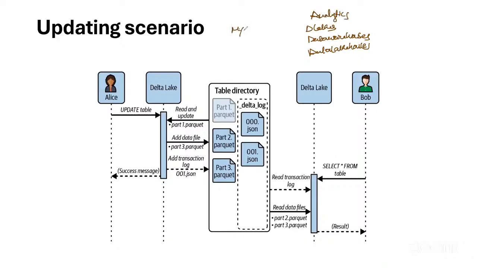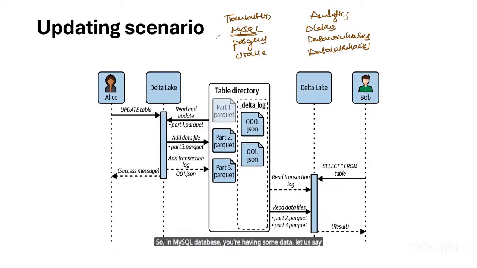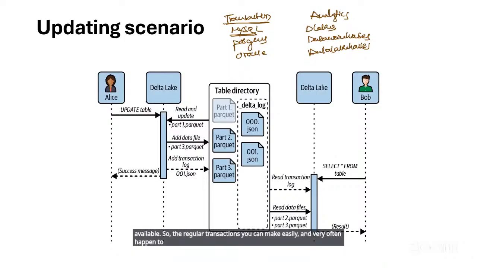Your databases like MySQL, Postgres, Oracle are designed for transactions. So in a MySQL database, you're having some data, let us say product data. Whenever a new product comes into the stock, you have to update the number of products available. So regular transactions you can make easily, and they happen very often in these transactional databases.